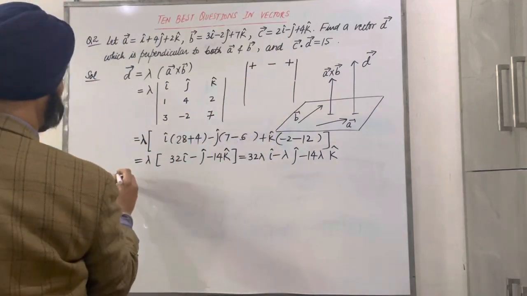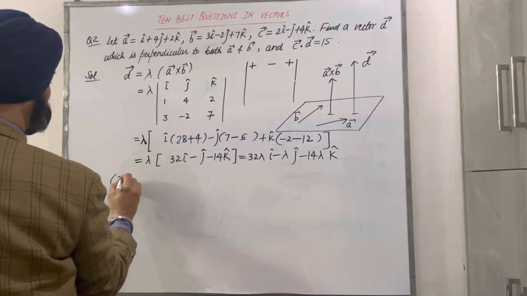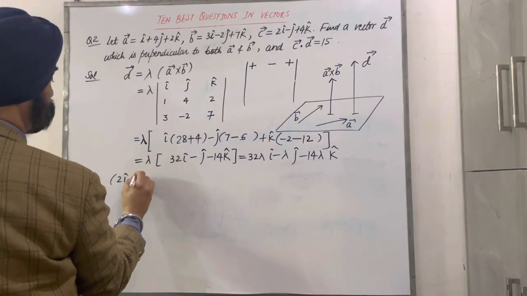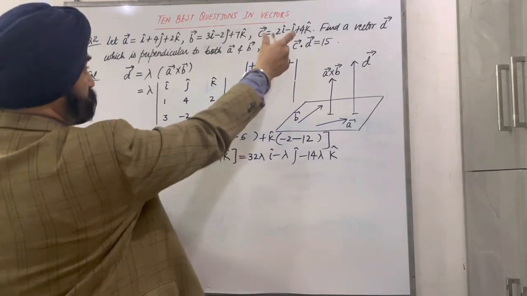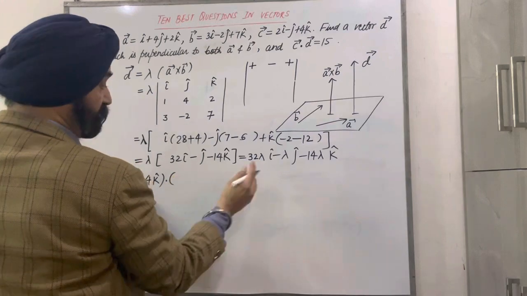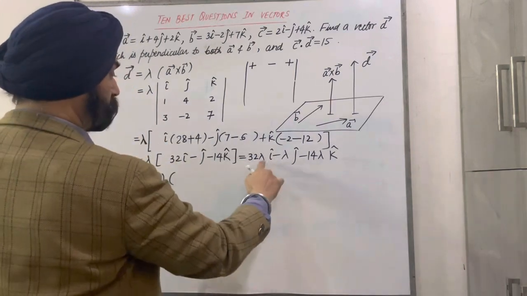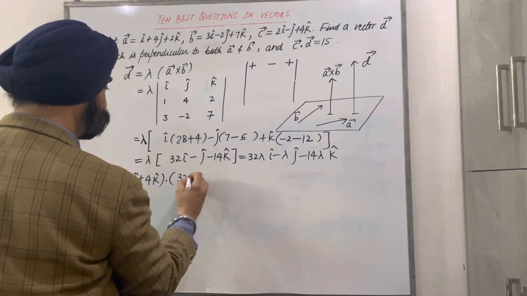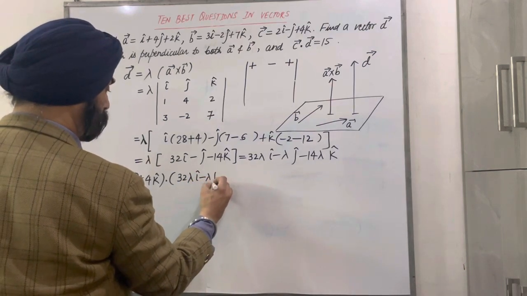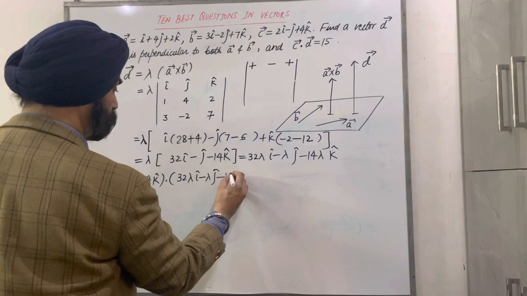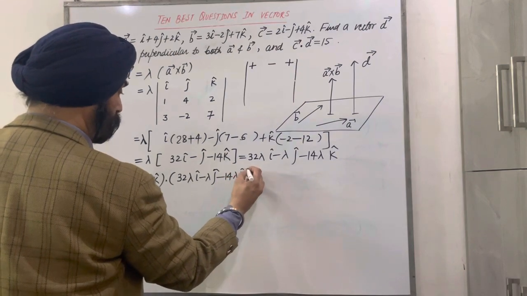Let us write vector C dot vector D. Vector C we will be writing as 2i cap minus j cap plus 4k cap. This is vector C, and vector D is what we have written over here: 32 lambda i cap minus lambda j cap minus 14 lambda k cap.